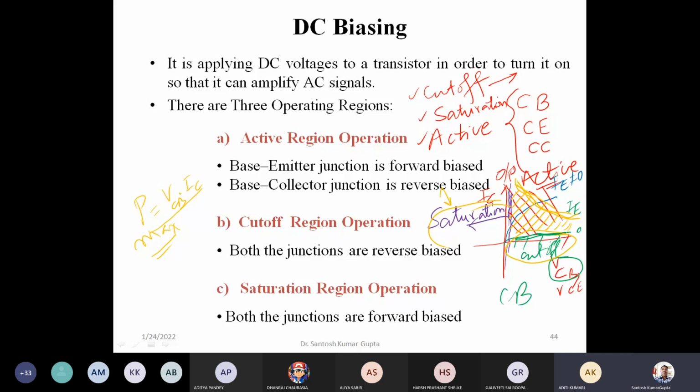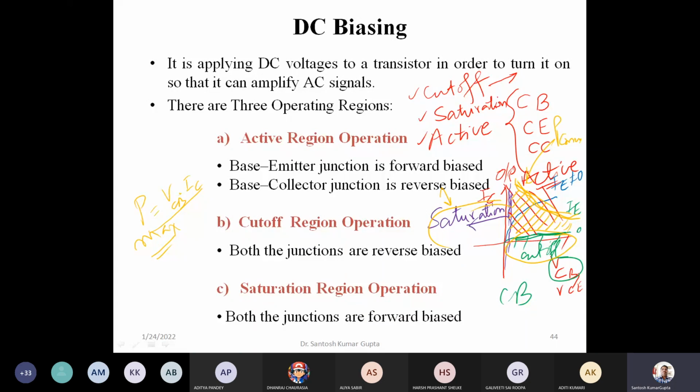So basically, the saturation region and cutoff region are useful for switching purposes, to make some circuit on or off, whereas it is only the active region which is useful for amplification, and also below PC max. This yellow curve which we see is called PC max. Below this we have to keep ourselves.